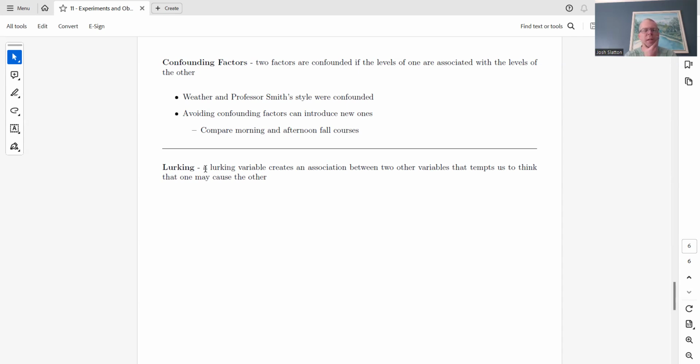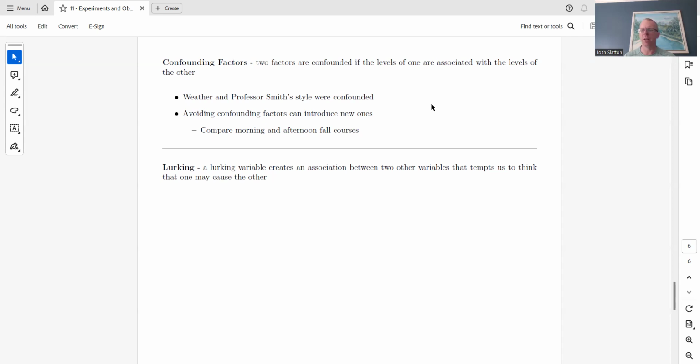So I think we mentioned age, wrinkles and gray hair in the chapter on scatter plots. That would be a lurking variable, because age is the lurking variable that's causing more wrinkles and more gray hair. Whereas with the confounding factor, we have the weather and the style both affecting the response, which would be the amount of learning.